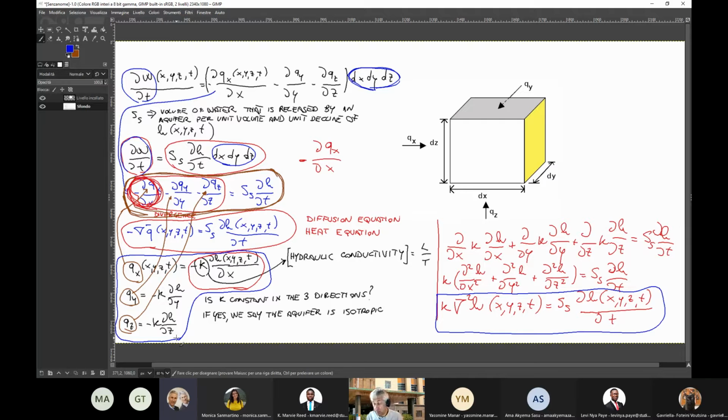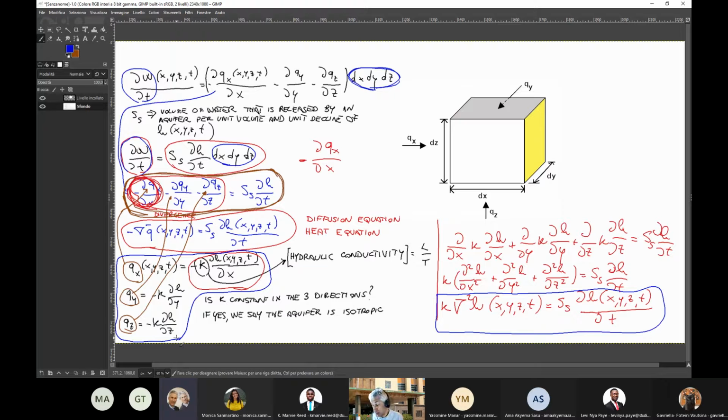So I can make assumptions, but still I need these parameters. And these parameters depend on the porosity, as I already told you, and on the behavior of the aquifer. So I need to know these behaviors.